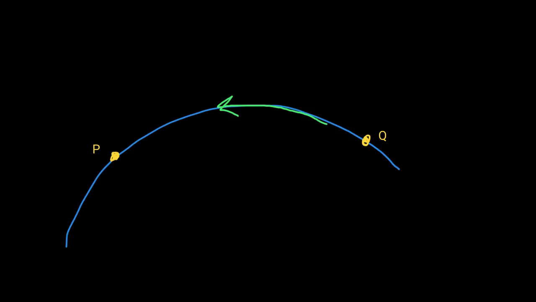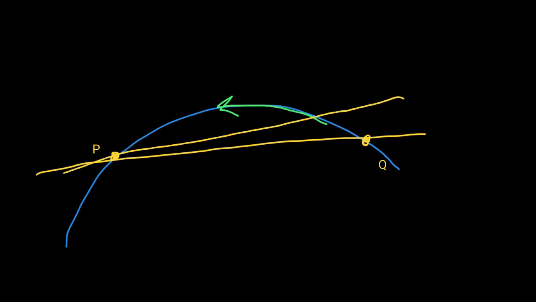So let me illustrate that for you. Here is my first secant line through these two points, and imagine now Q is over here somewhere. It's moving closer to point P. Then my secant line would be something like this.